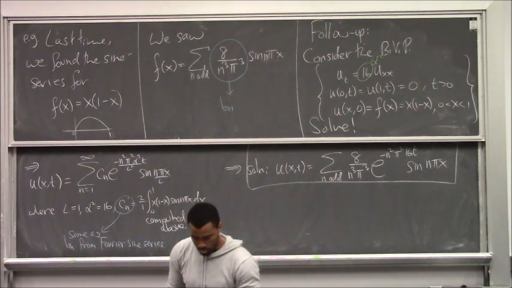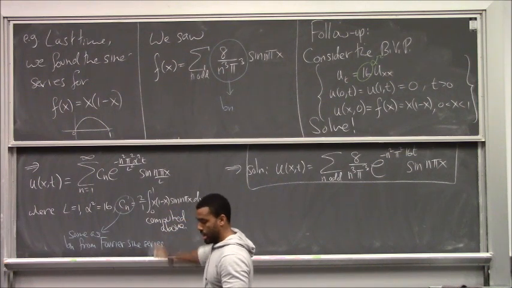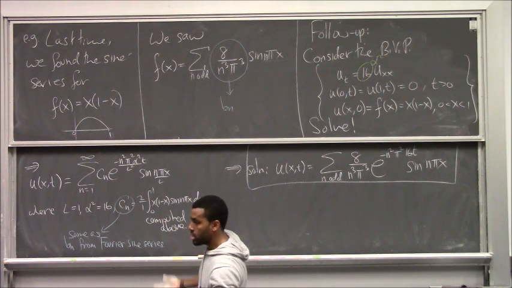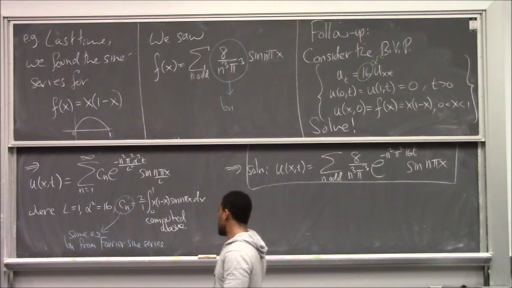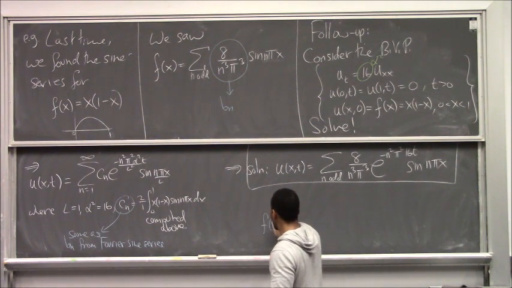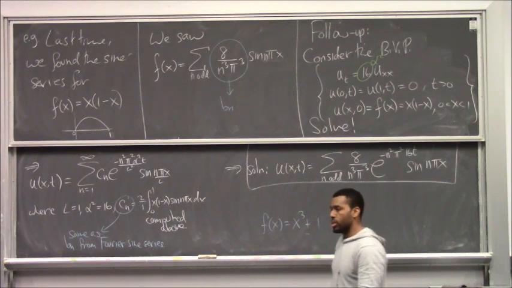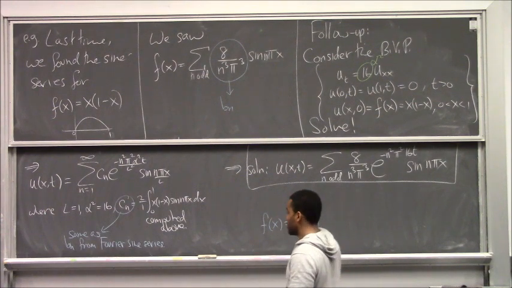If you're finding a sine series, or you know your f is odd, you only have to do half. The only way you have to do the whole integral is if your function isn't odd or even, it's neither. So if your f of x was x cubed plus 1, then you'd have to do the whole thing, because you wouldn't be able to deduce that it would just be twice that. Right.